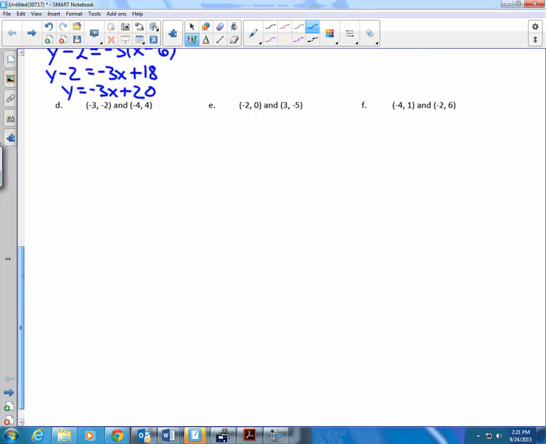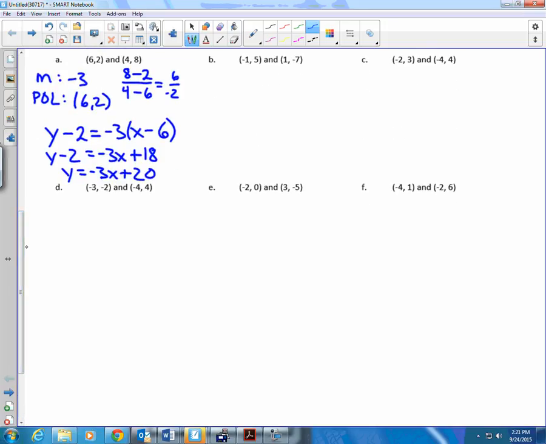Let's try another one. Let's try f. Point on the line. So I need slope, and I need point on the line. What point on the line would you like to choose? Negative 2, 6. It'll work out the same, whichever one you choose. How do I figure out the slope?